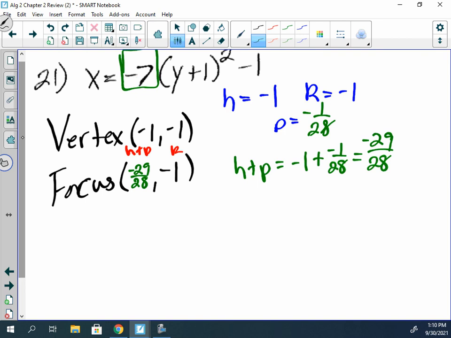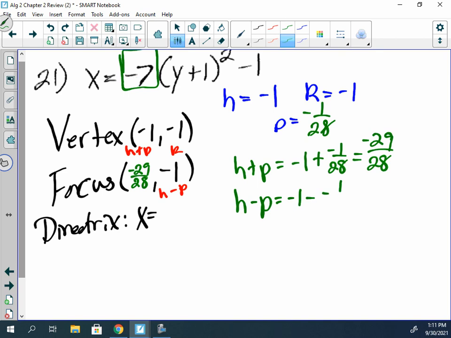Again, we could have just plugged that into a calculator and it would have given us the answer. Now the directrix is going to be x equals H minus P. For us, H minus P would be -1 minus -1/28. Well, the negative and negative would make a positive, so we have -1 plus 1/28, and it would be negative.